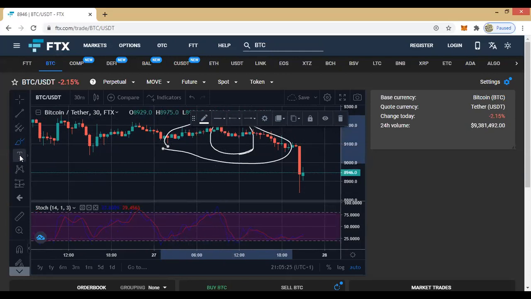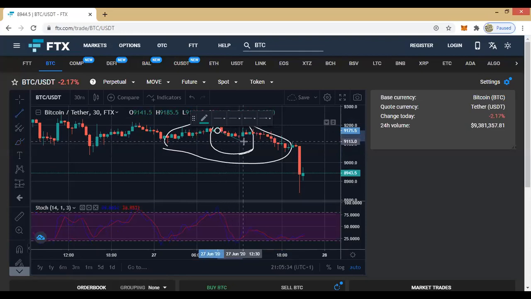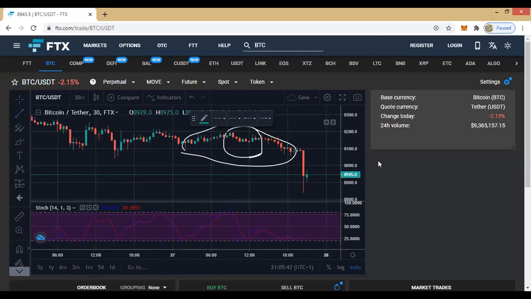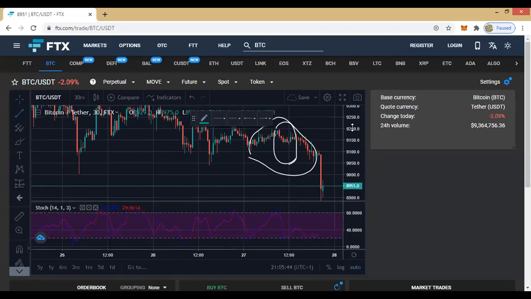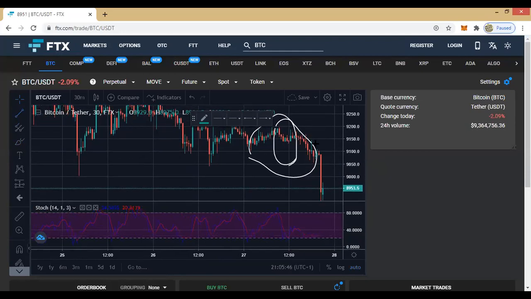If you want to draw the trend line, look at it: from here, price started making a series of lower lows, it's been going down.